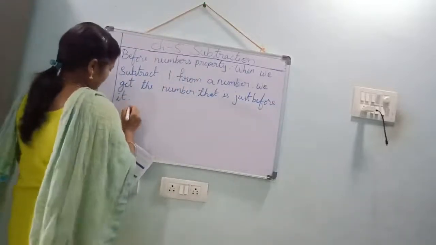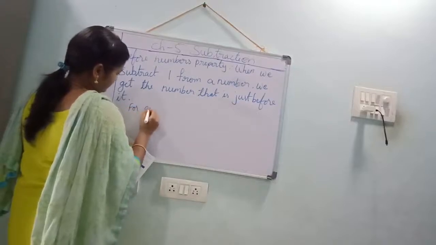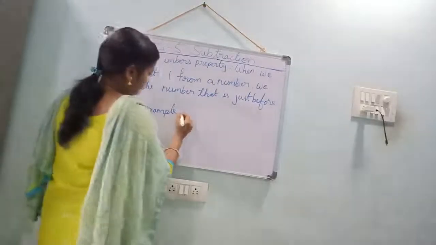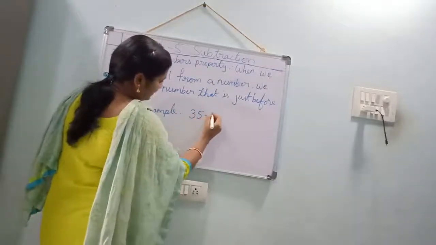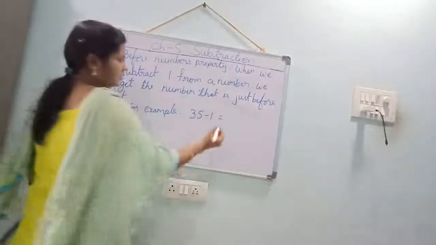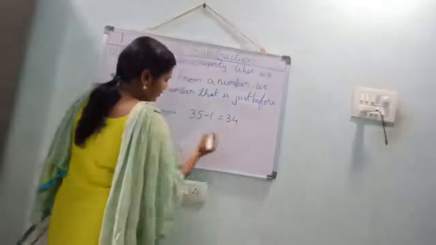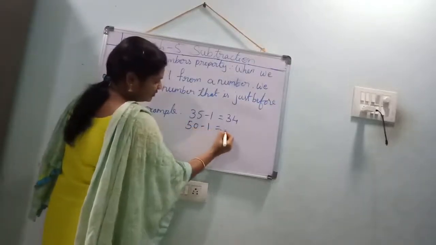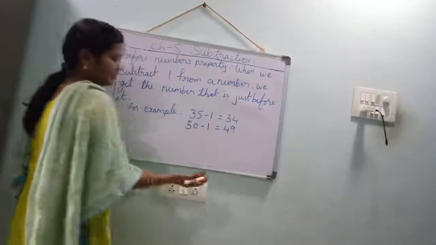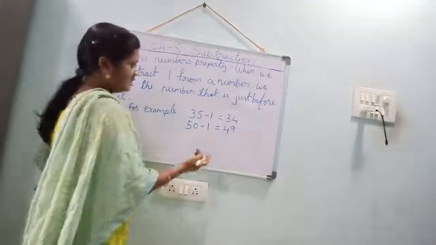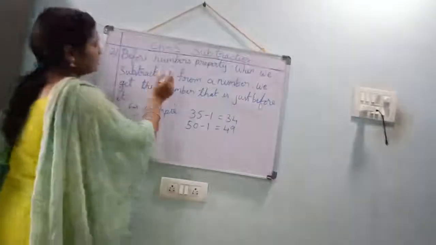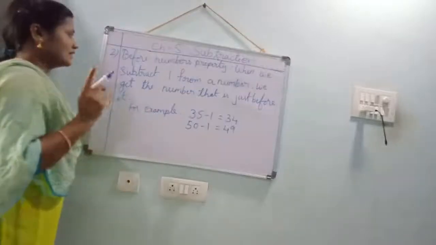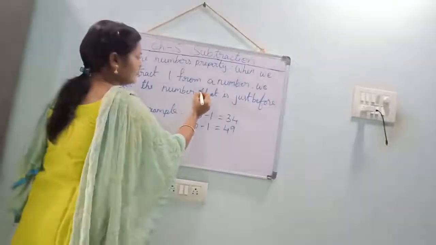For example, 35 minus 1 is equal to 34. 50 minus 1, 49. Before number you should write like this.